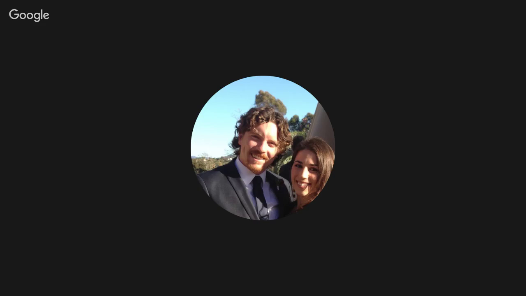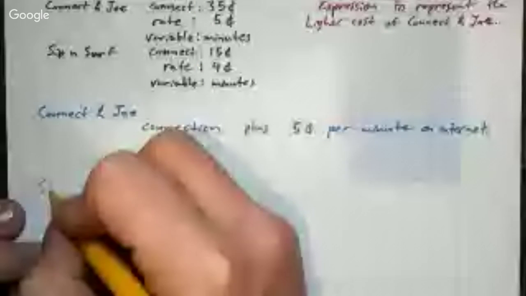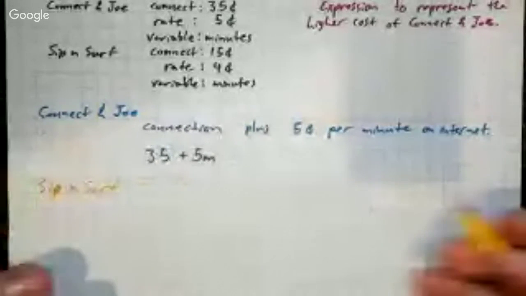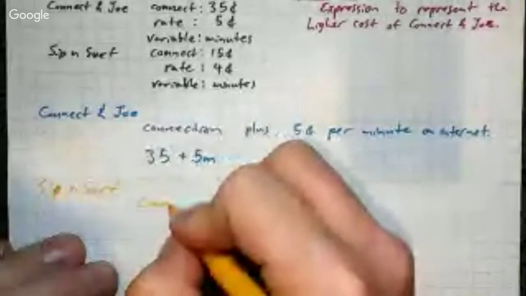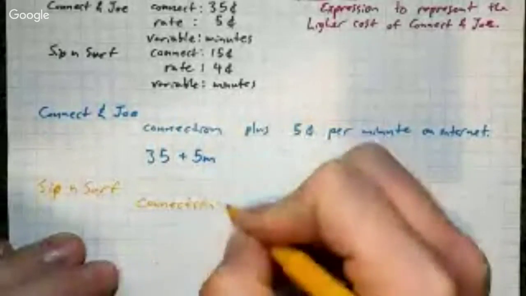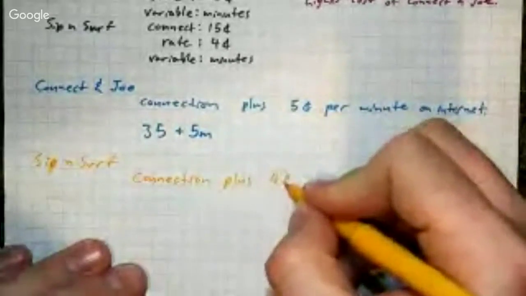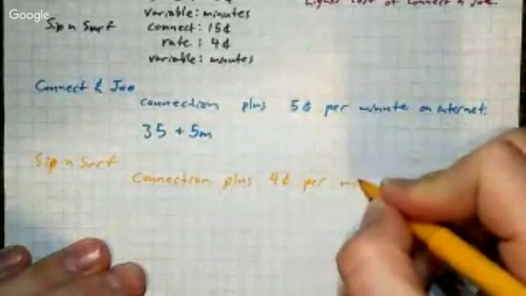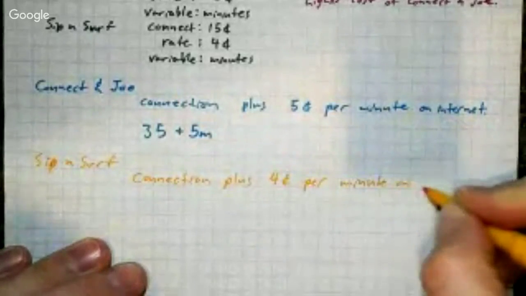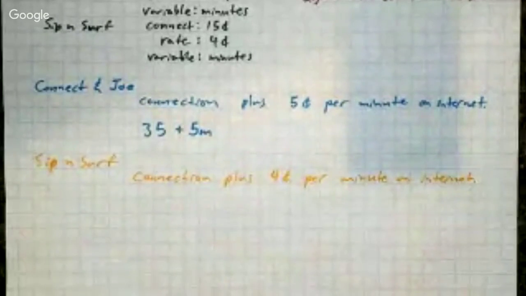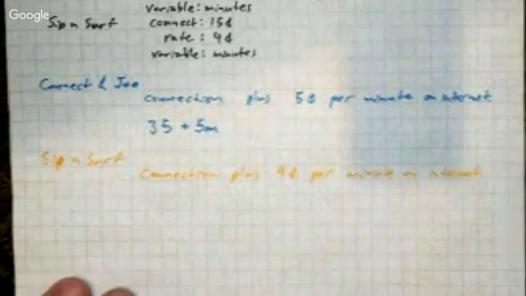I'll also need to find the Sip and Surf. Well, for Sip and Surf, we're going to need the same thing, the connection plus 4 cents per minute on the internet. And we know those numbers as well.